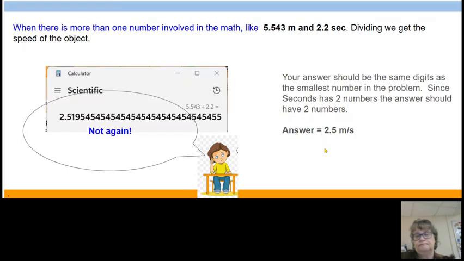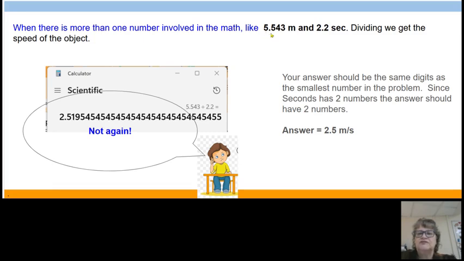Your answer should have the same number, or sorry, when there is more than one number involved in the math, like 5.543 and 2.2 seconds, right? If I'm going to divide these to get the speed, I divide them. This is what my calculator gives me. Again, we're going to look at the smallest number that we're given, right?